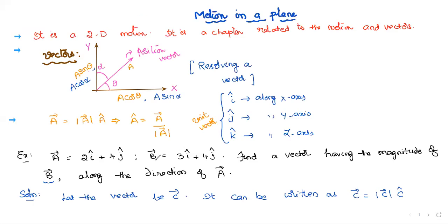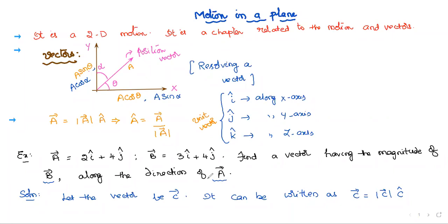In the question, he said mod C bar is equals to mod B bar, whose magnitude is equal to the magnitude of B bar. So in place of mod C bar, I have to put mod B bar. And number 2, it is along the direction of A bar.